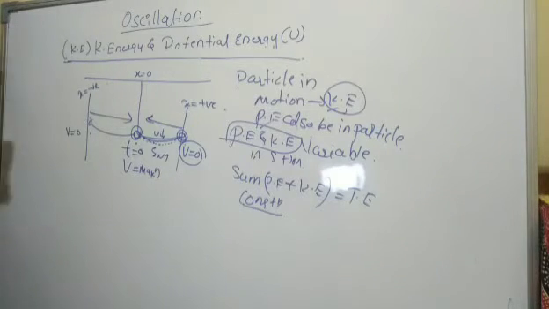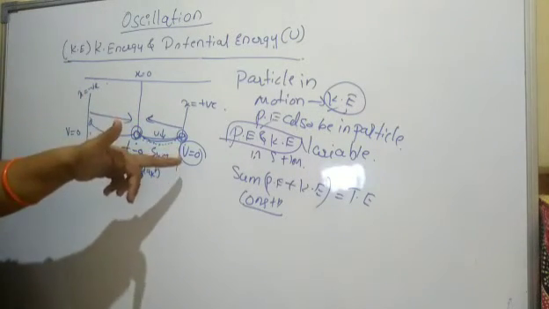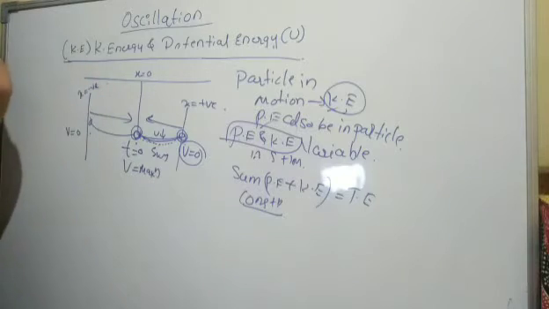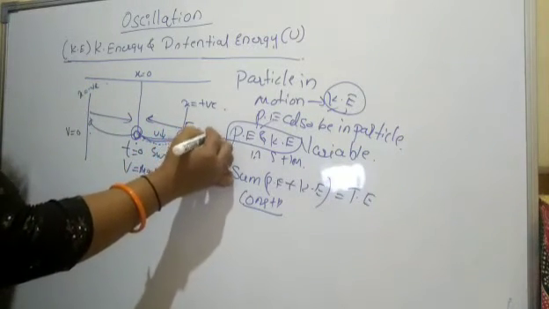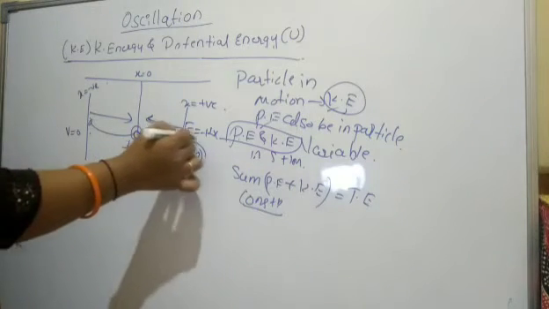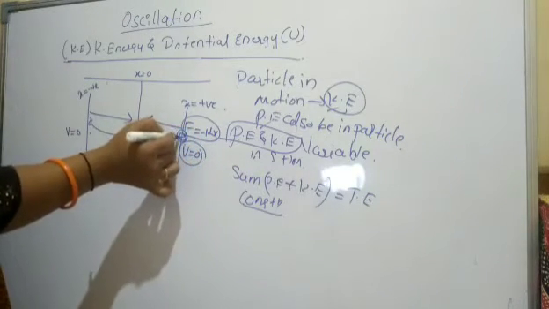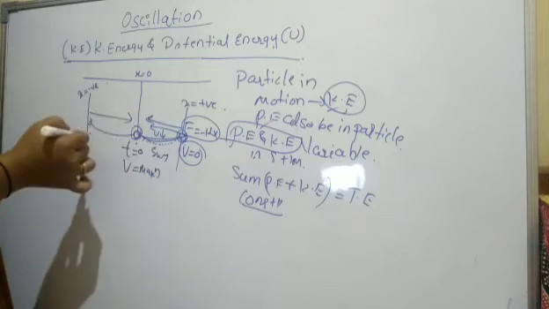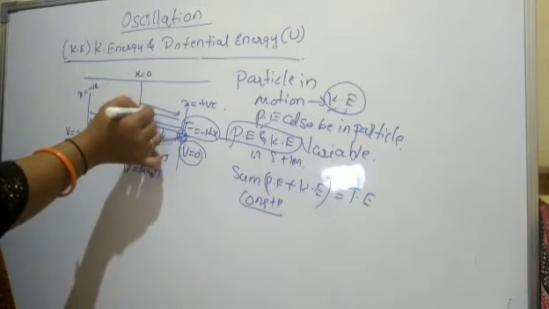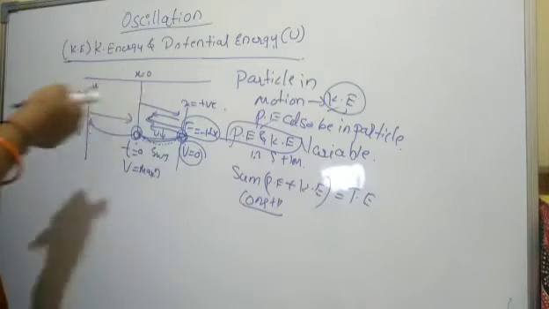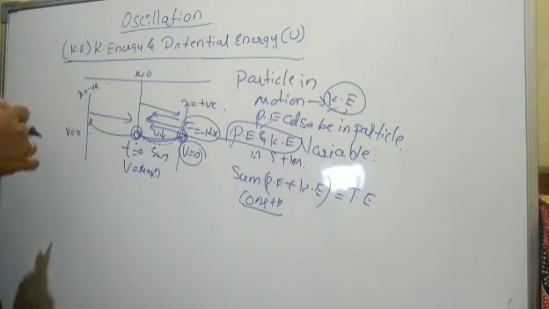That is, the force which is acting on the particle is directed towards the mean position. That we know. So what kind of force is it? F is equal to minus kx here, right? This force which is acting is opposite to the direction of displacement. The particle is moving here, but the force is applied towards the mean position, opposite to the displacement.